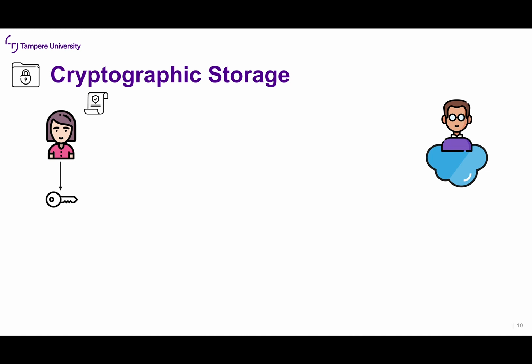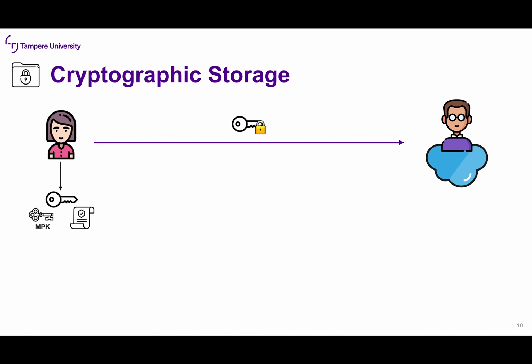So she generates a policy which basically says who can access her data, and she uses the master's public key, the MPK, to encrypt the actual key. So she's generating the symmetric key, and then she generates a policy and encrypts that key with that policy, right? So she's encrypting that key using ABE.